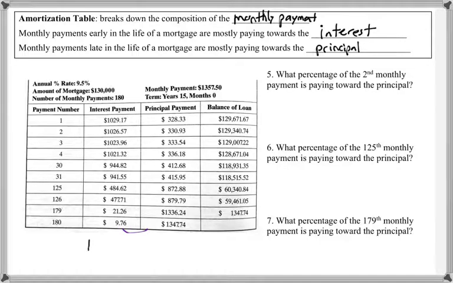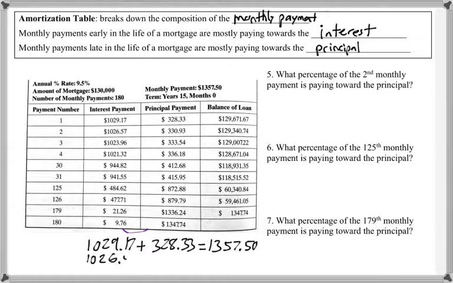So if you take $1,029.17 plus $328.33, that equals $1,357.50. If you go to the next row, $1,026.57 plus $330.93.